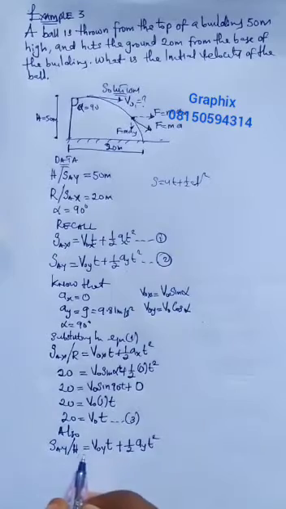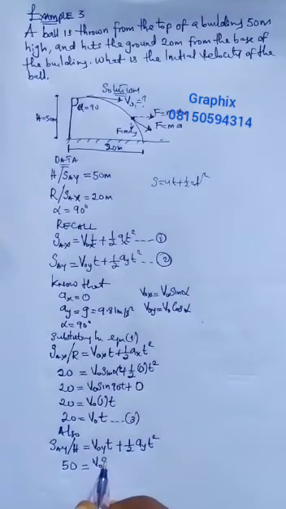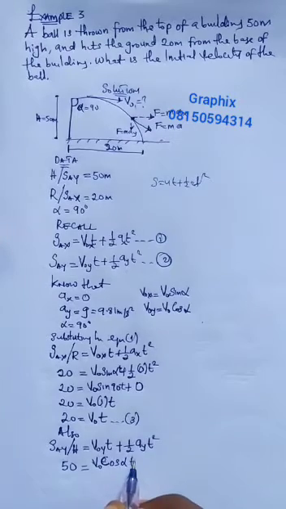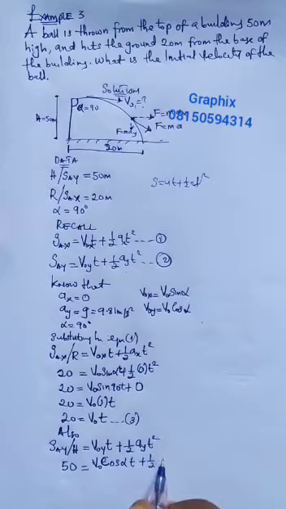So in this case now, my SAY is 50, which is the height, equals V naught Y, which is V naught cos alpha T plus 1 all over 2 AY, which is given as G, then we have T squared. AY is the G that I told you about earlier.